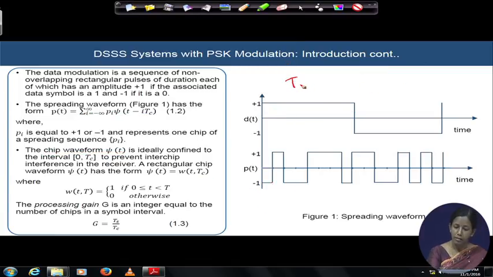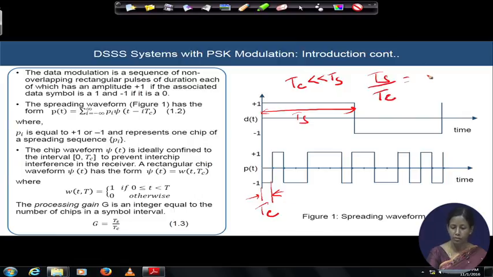As Tc is designed much lesser than Ts, and this is my Ts and this was my Tc, hence if I divide Ts by Tc, I will end up with a certain integer number.